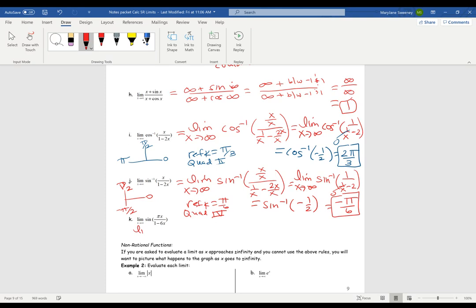Limit as x approaches infinity, pi x over x, 1 over x minus 6x over x. Oops, I lost sine. Limit as x approaches infinity of sine of pi over 1 over x minus 6.